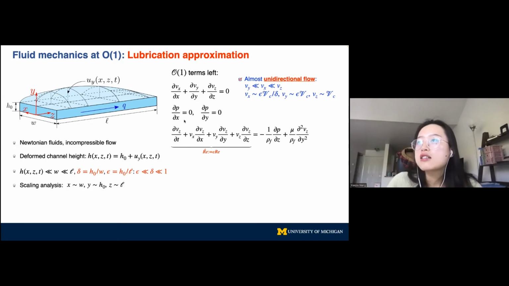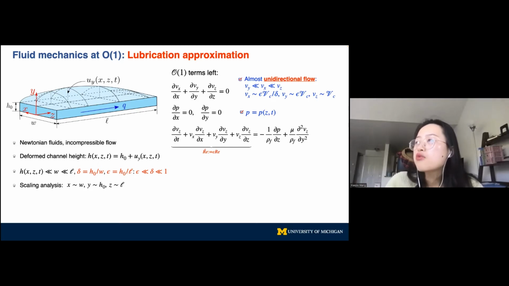And these two equations are the leading order X and Y momentum equations, which further indicates that the pressure varies along the flow-wise direction only at the leading order. And the last equation is the Z momentum equation.